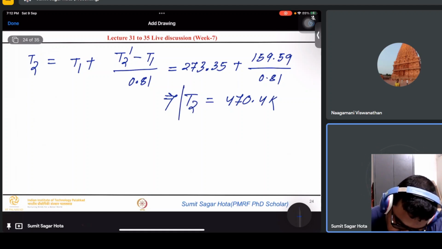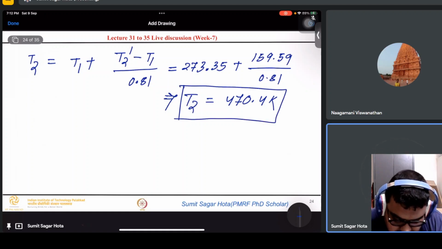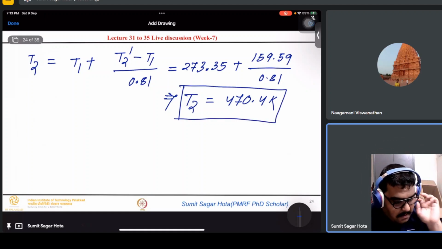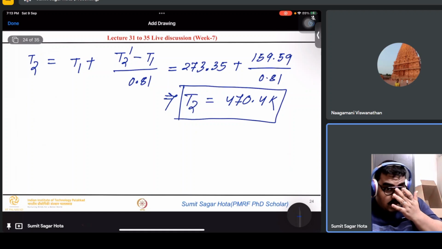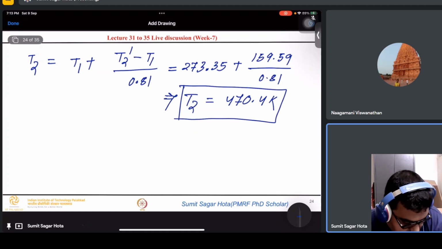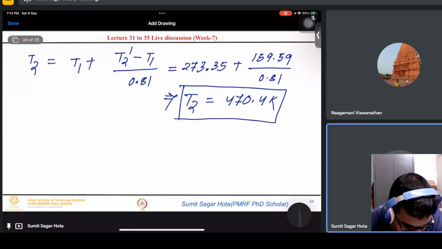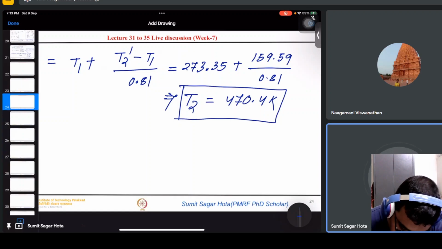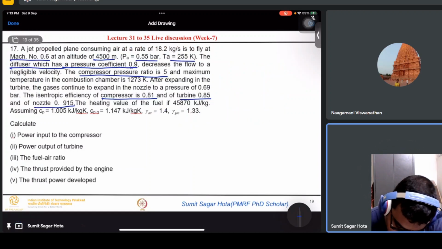So now what is the work done or power input to the compressor? Because in the question, the first bit asked what is the power input to the compressor.